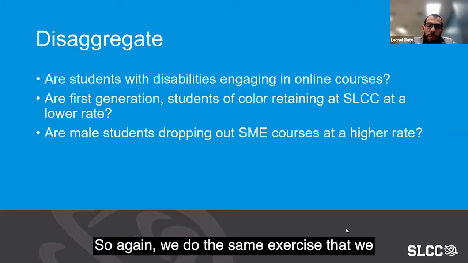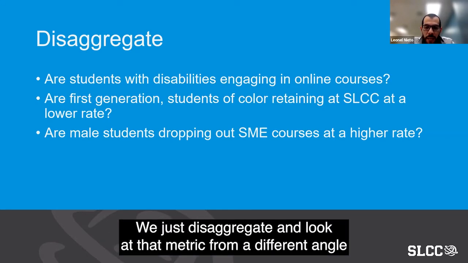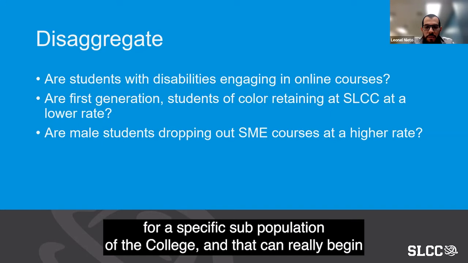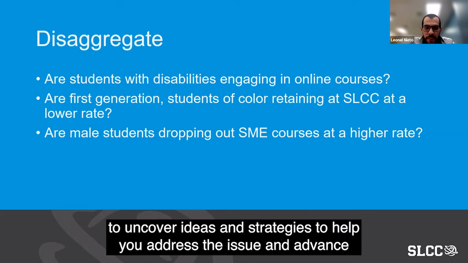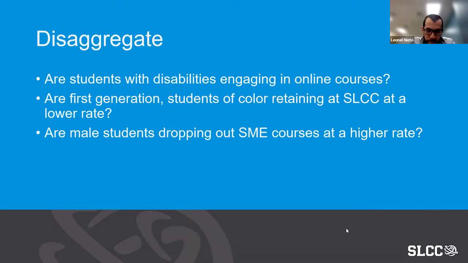So again, we do the same exercise that we did earlier, but we do it with a broad set of metrics. We just disaggregate and look at that metric from a different angle, from a specific subpopulation of the college. And that can really begin to uncover ideas and strategies to help you address the issue and advance those metrics or support student outcomes a little better.